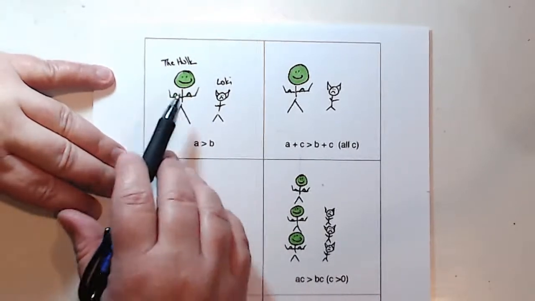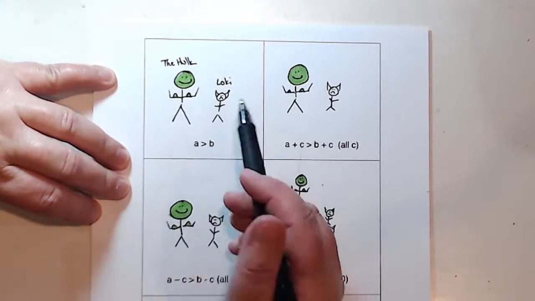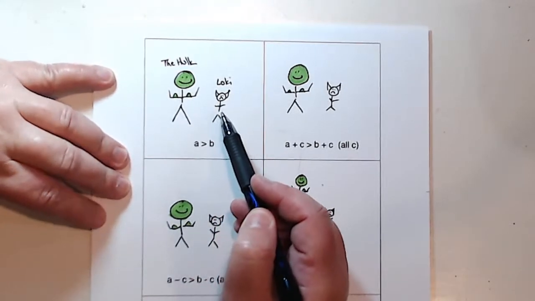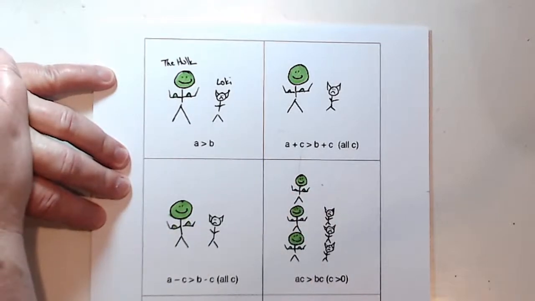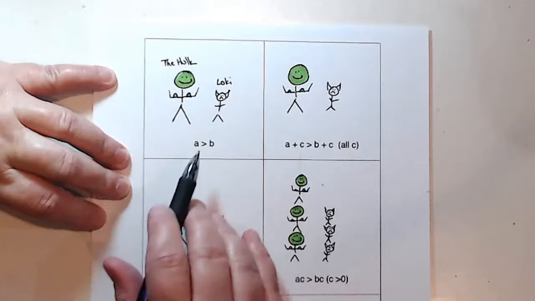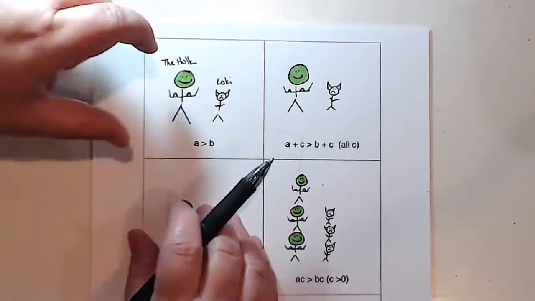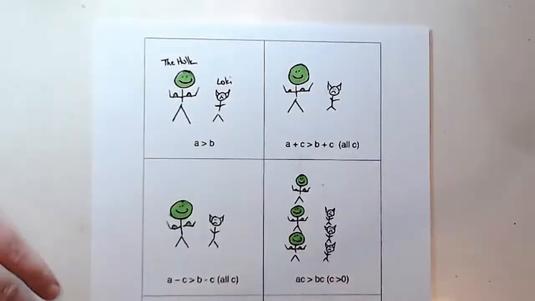The Hulk is a giant green person, and Loki, of course, is a very small and usually cranky god. I'm claiming that the Hulk is greater than Loki, hence A is greater than B. And hopefully you agree that the Hulk is bigger than Loki.